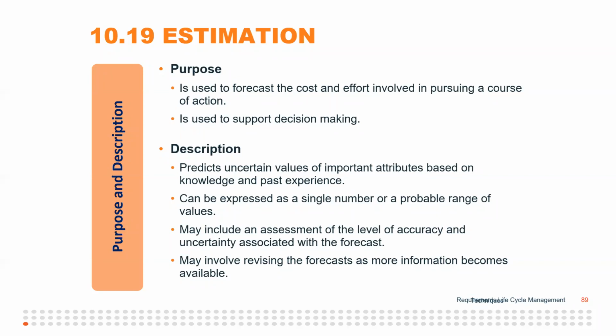It can be expressed as a single number or a range of values, might include an assessment of the level of accuracy and uncertainty that's associated with the estimate, and may involve revising the forecast as more information becomes available. So you may have to perform the estimation process in an iterative manner. In fact, that's not uncommon at all, right?